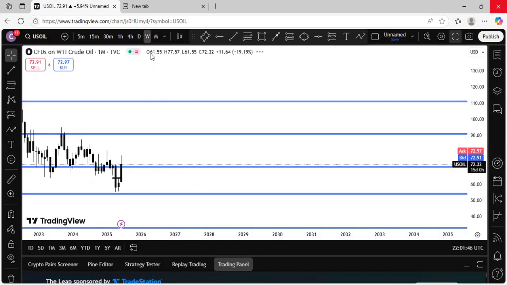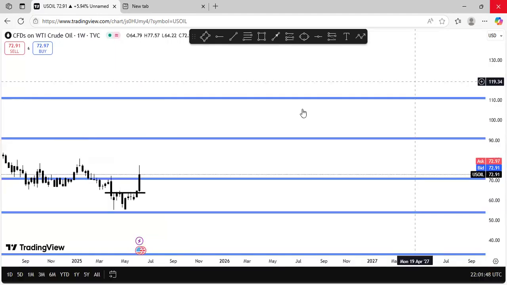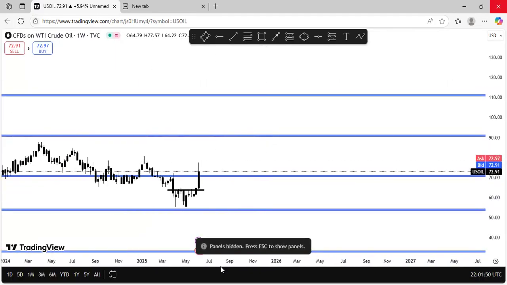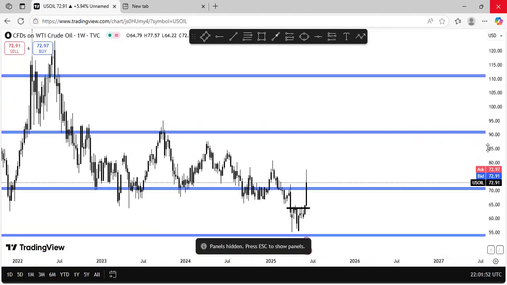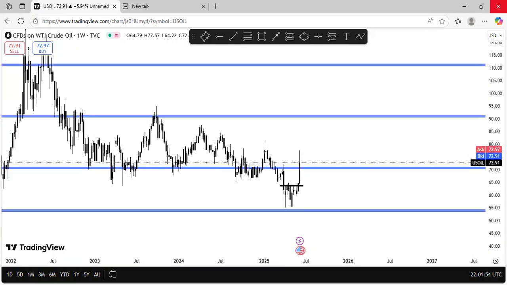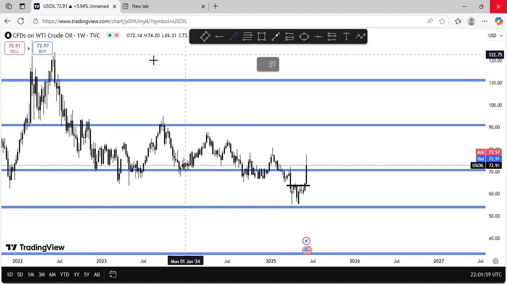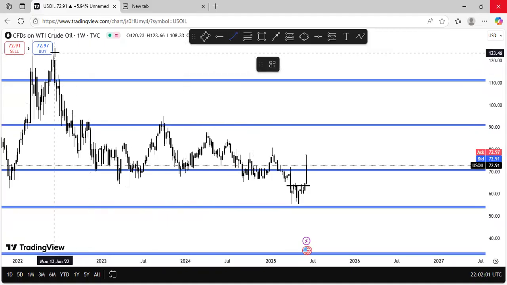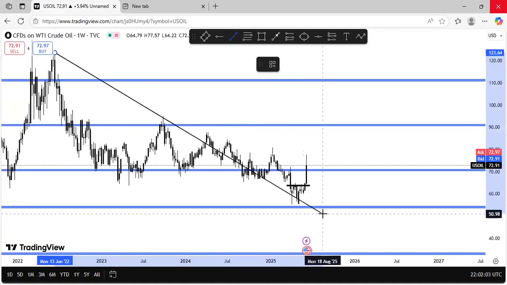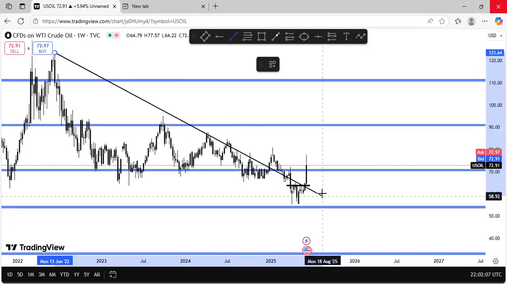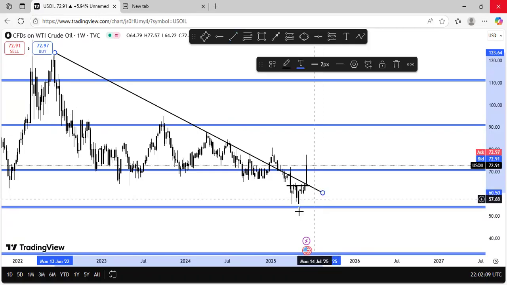So when we go back to the weekly time frame, this is our weekly time frame on the crude oil. So a clearer drawing of our trend line, something like this. I don't think we have a clear trend line.